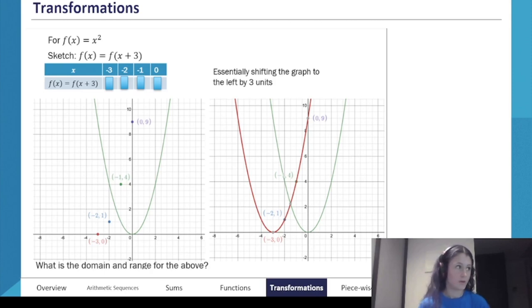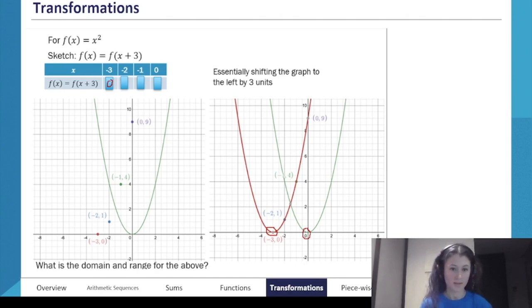if our x value is negative 3, then our function is now going to be 0, which is what you can see down here, whereas before, the 0 occurred at x equals 0.